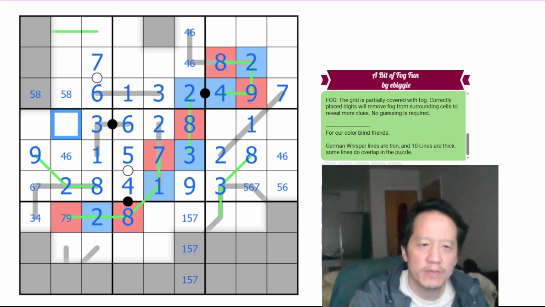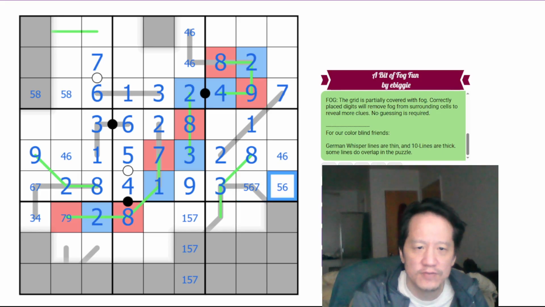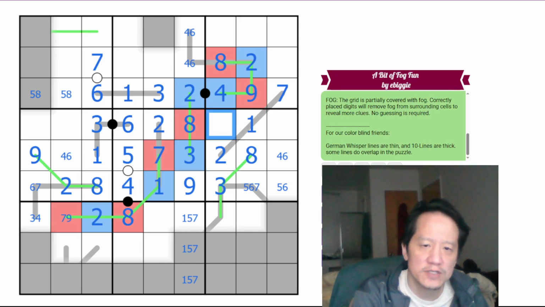What about the remainder of the box? One of these two digits is a 5, so the rest of the box cannot contain a 5, because this is 6 or 7, and this is 5, 6, or 7 here. So the remaining digits in the box have to be 4, 6, 7, 9. Well, 6 can't be here. 4 can't be here.